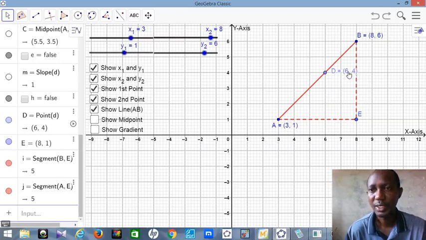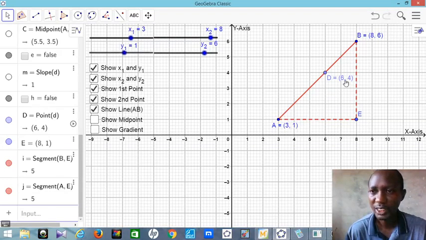You can see it, 6 and 4. So you can have so many points on this line. All we want with the gradient is how Y is changing with respect to X. Y changes from 1 to 4 at point A. From D, it changed from 4 to 6.